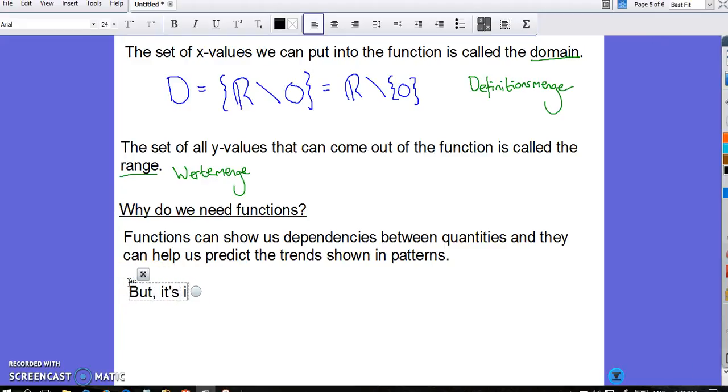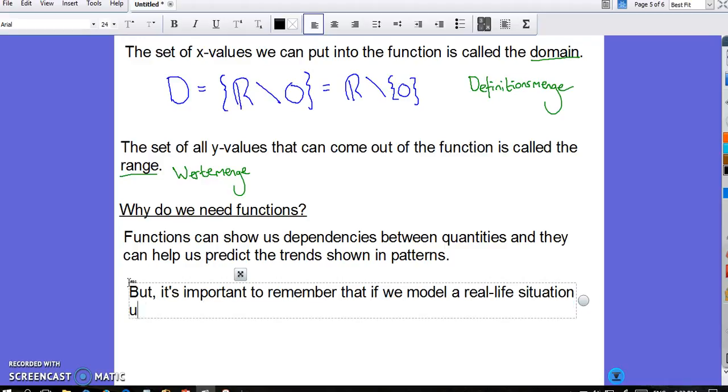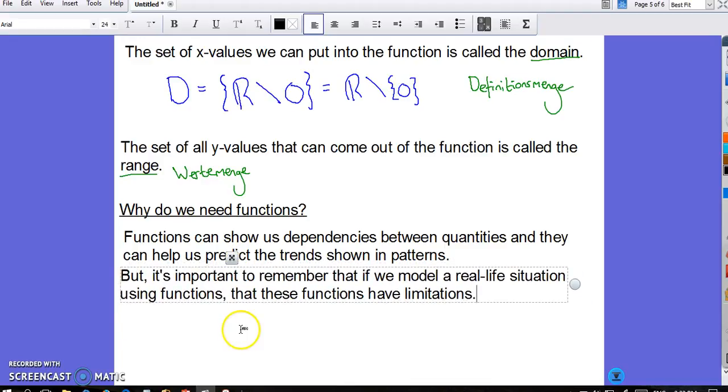But it's important to remember that if we model a real-life situation using functions, these functions have limitations. So hopefully that's answered the question for you of what functions are, and I also hope to be able to show you a few more examples of why we need functions during this unit.